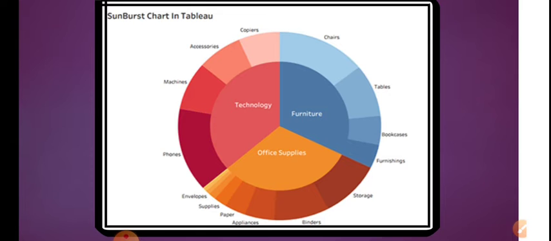Office supplies has envelopes, paper, binders, storage, etc. Again in furniture you can see tables, furnishings, and chairs. Again in technology you can see machines, accessories, etc. So here you can see more than one data series. That is your sunburst chart.